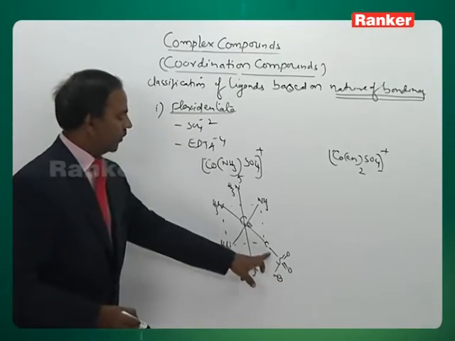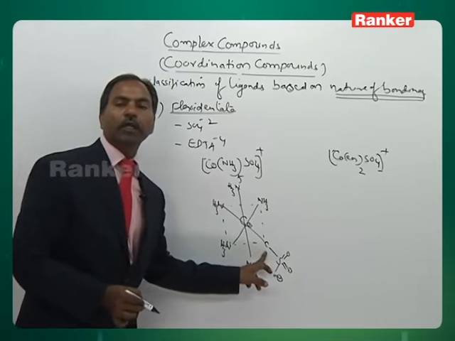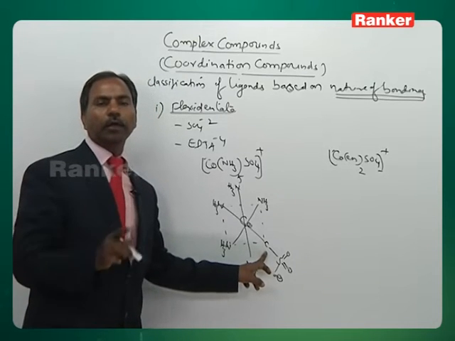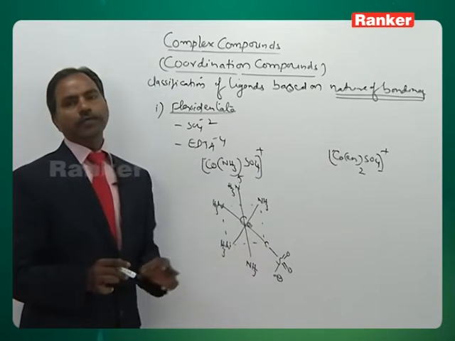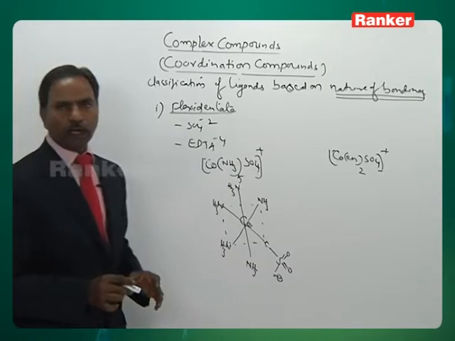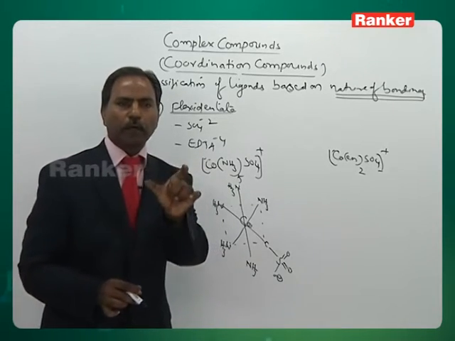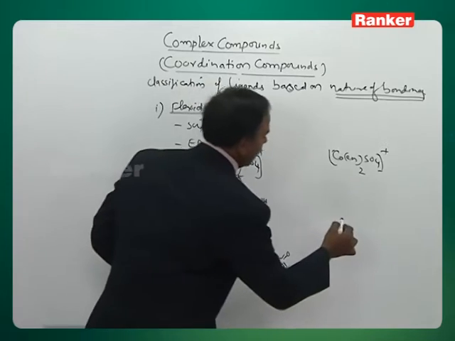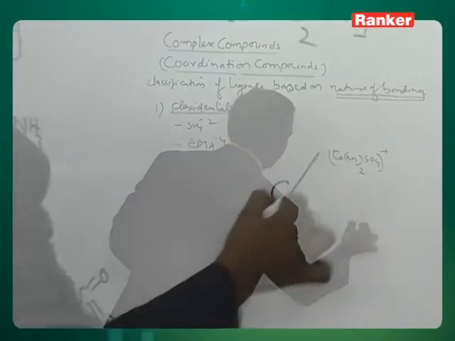See, sulfato, even though bidentate, can involve only 1 donor atom, acting as monodentate. In the next complex I am showing you, the same sulfato ligand is acting as bidentate. Look at how I am writing the structure of this particular complex.